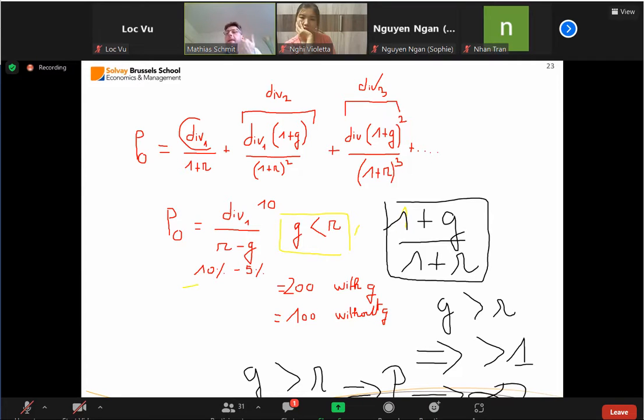So it doesn't work anymore, because each year I multiply the previous dividend by something higher than 1 till infinity. And so I will get an infinite price, which is not possible. So in fact, if this condition is not met, you cannot use the formula.